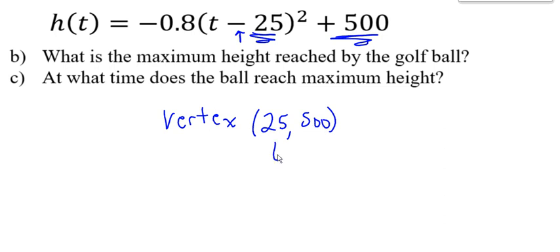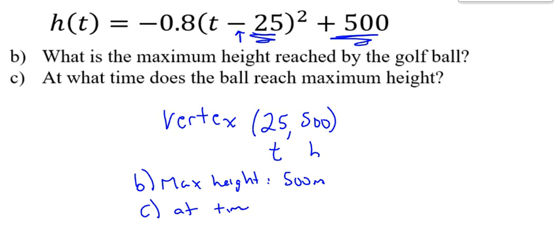And again, that's t and h. So the maximum height is the height in the vertex, which is 500 meters. And the maximum height is reached at time 25 seconds. So that's what we like the best about vertex form, is how quickly you can answer questions about the vertex, meaning about maximums.